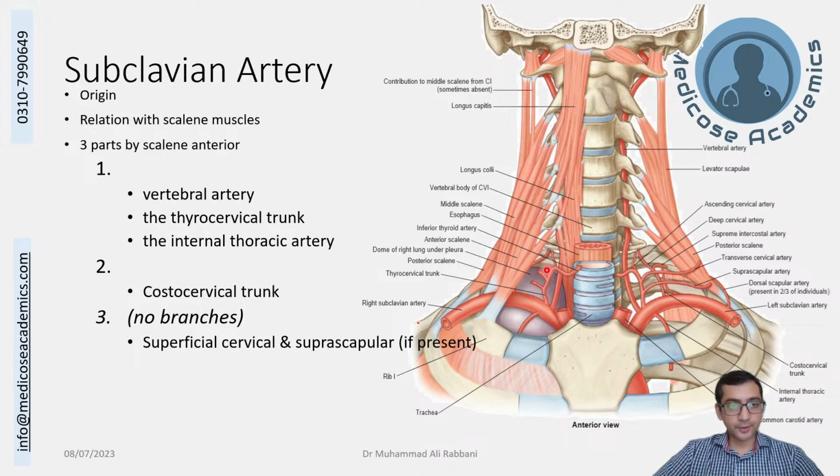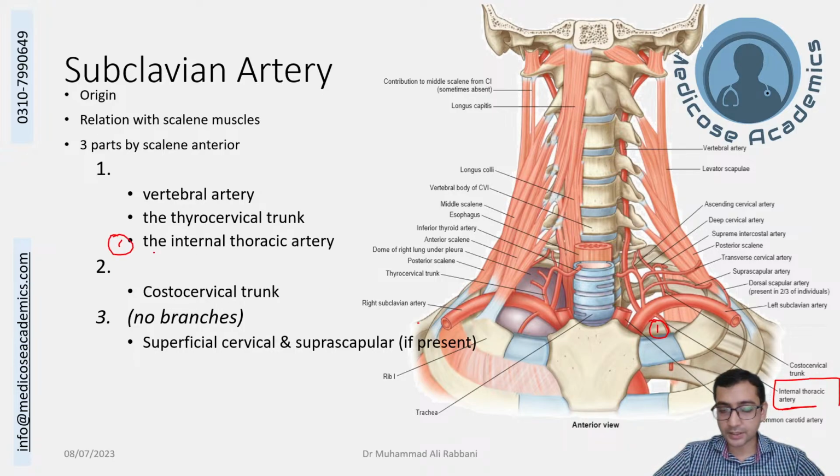Okay, enough about the parts, its relation with the scalenus, and origin and termination. Let's talk about the branches that are originating from here. The important one that you have studied in the thorax region is the one going down into the thorax, the internal thoracic artery.